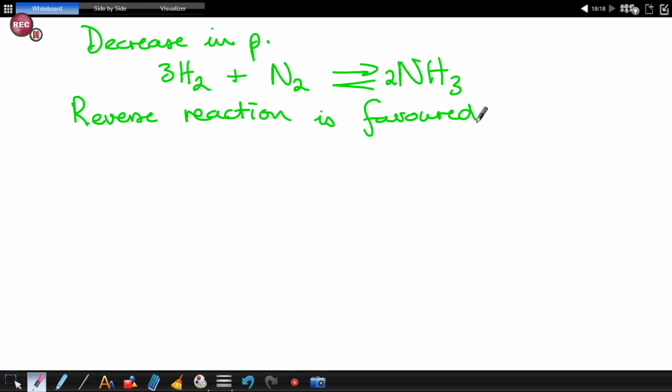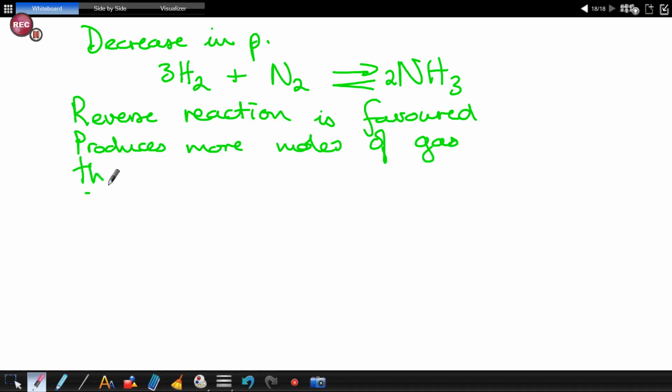Why is the reverse reaction favored? It produces more moles of gas, and that will increase the pressure by colliding more often.